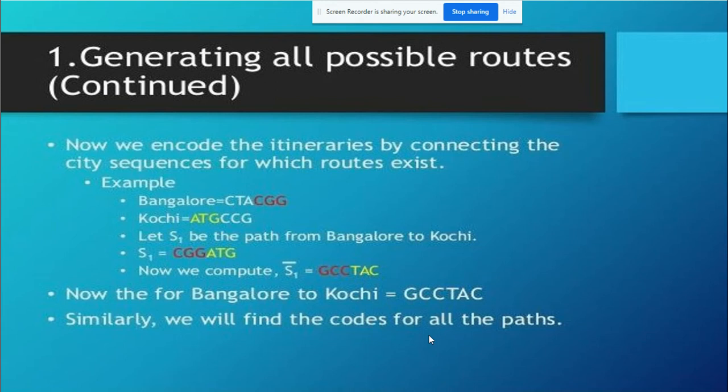Let's say S1 is the path to reach Kochi from Mangalore, and S1 equals CGG ATG, where CGG is the last three codes of the Mangalore city code and ATG is the first three codes of the destination city, added up in the S1 string.